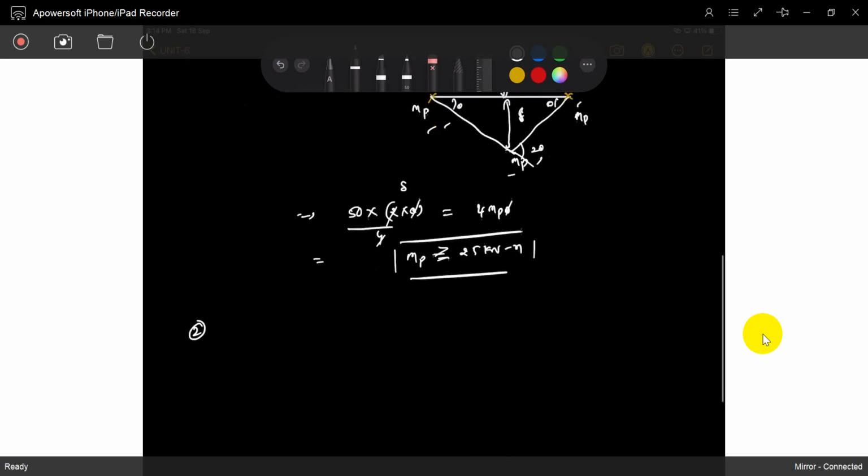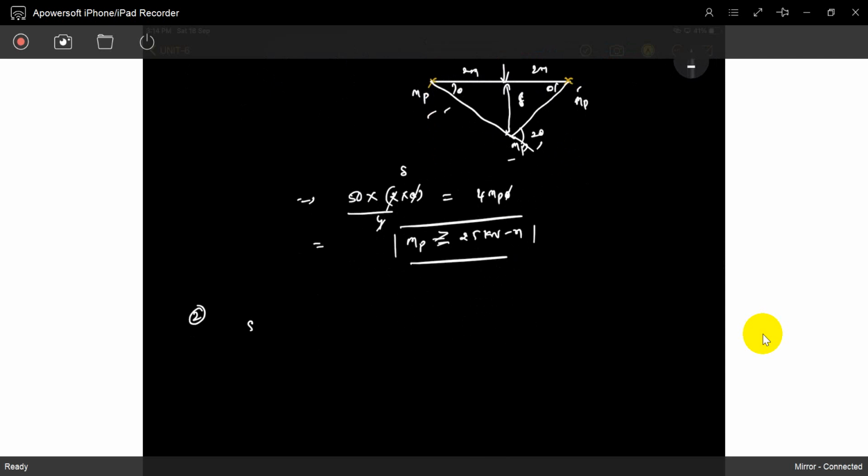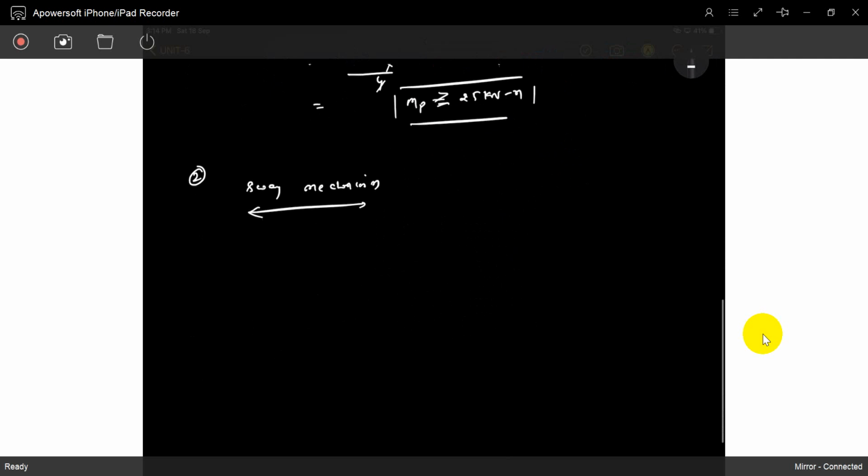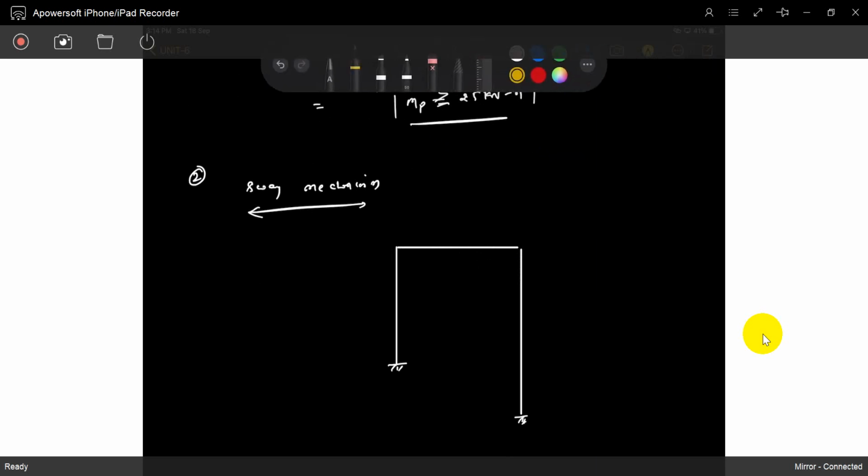Next you have to check the sway mechanism. Now we have to apply the 20 kilonewtons. Check the sway mechanism: the hinges are formed at one location, second location, third and fourth.